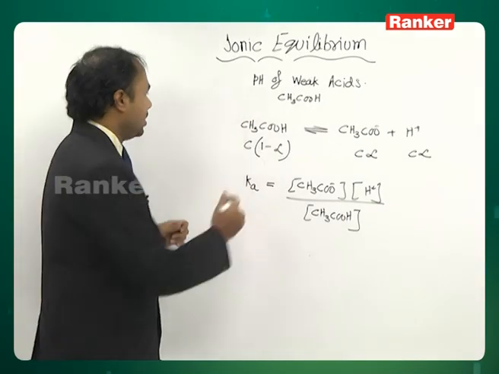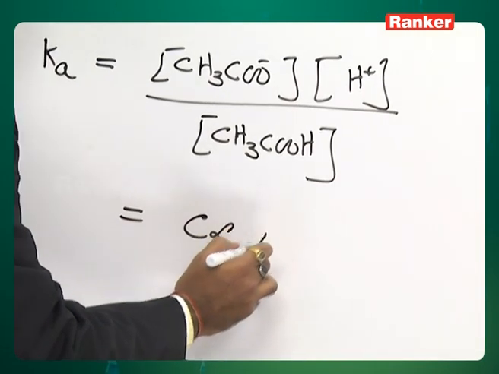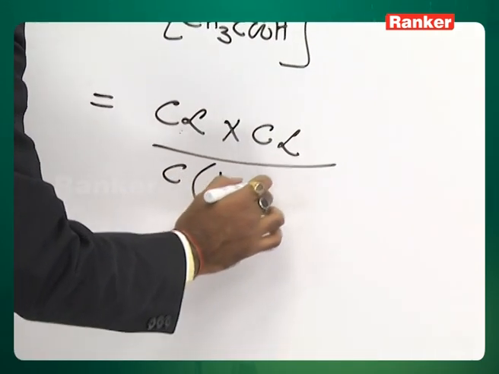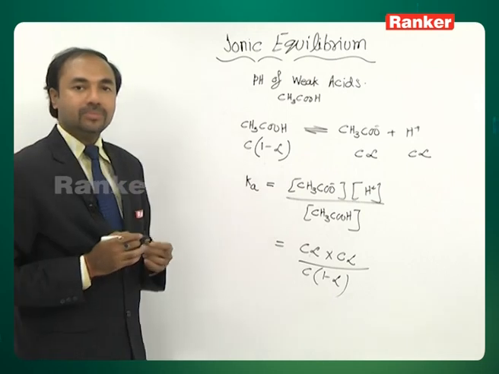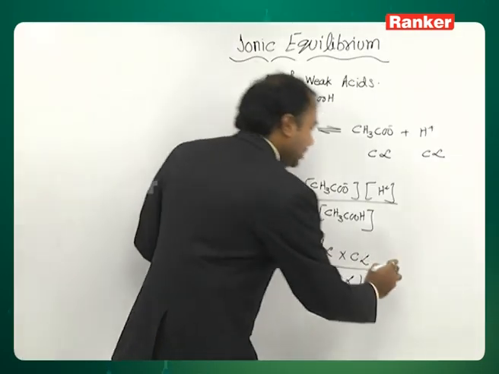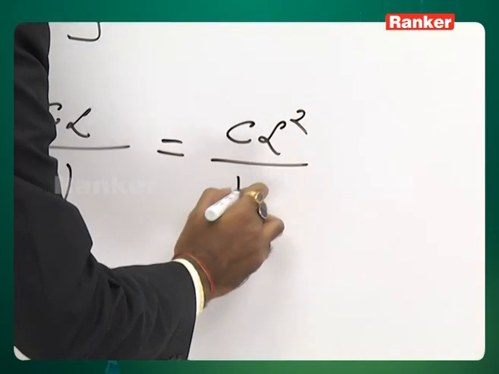Right, now we substitute the values. This becomes C alpha into C alpha upon C into 1 minus alpha. C and C get cancelled. So we get it as equal to C alpha square upon 1 minus alpha.